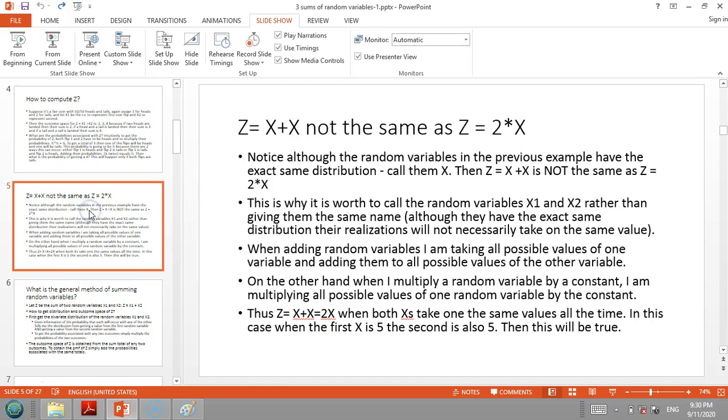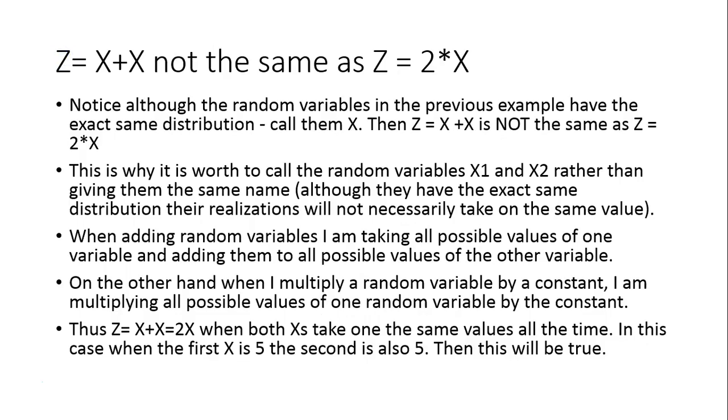Okay. Let's move on now. Notice that when z is x plus x, in this case it was x1 plus x2, this is not the same as z equals 2 times x. Although the random variables in the previous example have the exact same distribution, called x, in theory they're different random variables, x1 and x2, because they're 2 different coin flips.